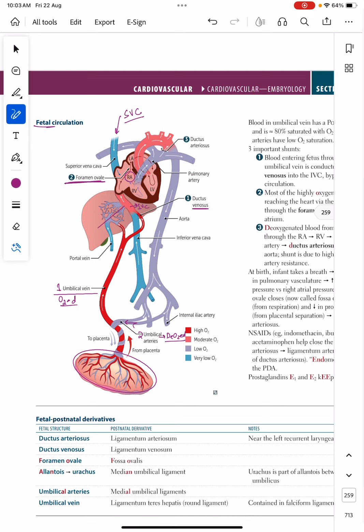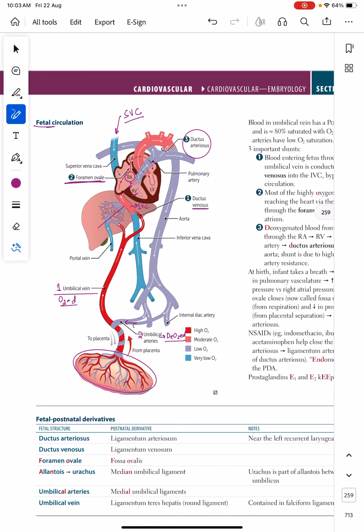And if some little bit of blood trickles down and reaches the right ventricle, and it tries to escape through this pulmonary trunk, it still cannot reach the lung. Why? Because there is a third shunt called the ductus arteriosus. Through the ductus arteriosus, the blood is bypassed from the right ventricle and pulmonary trunk to the aorta, and it reaches the body again.